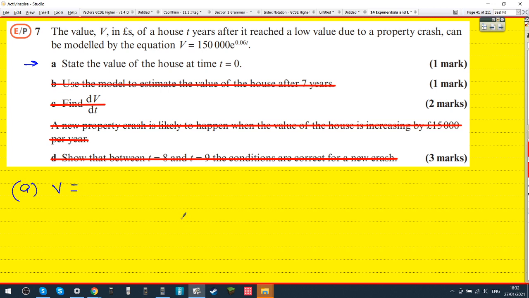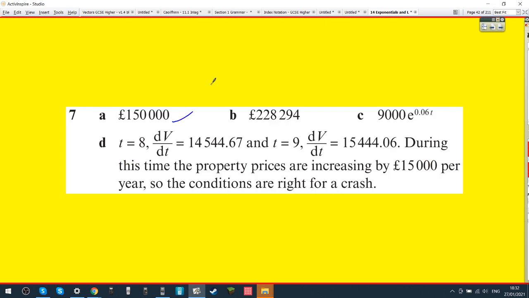When t is 0, what is V? It's basically 150,000 times e to the 0, which is 1. So 150,000 pounds.